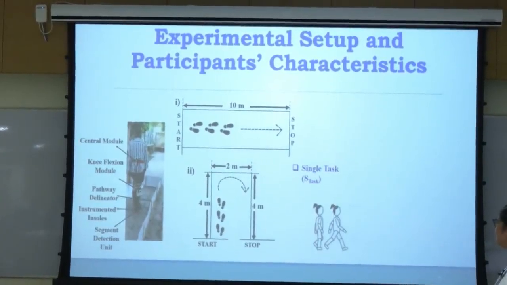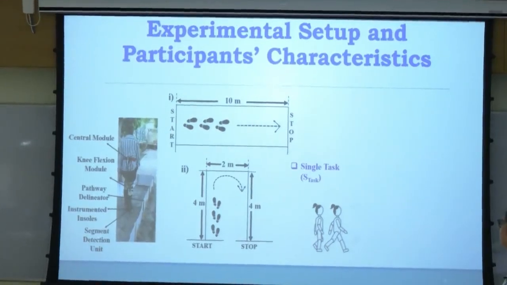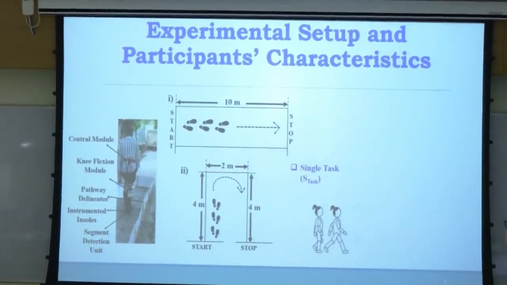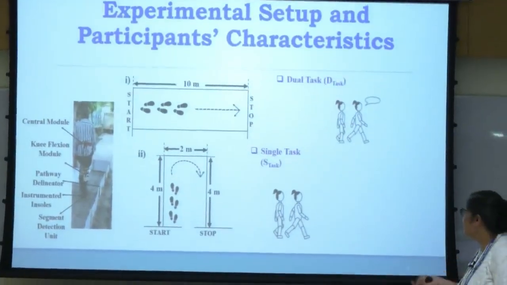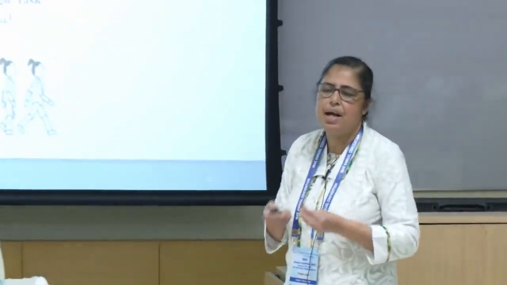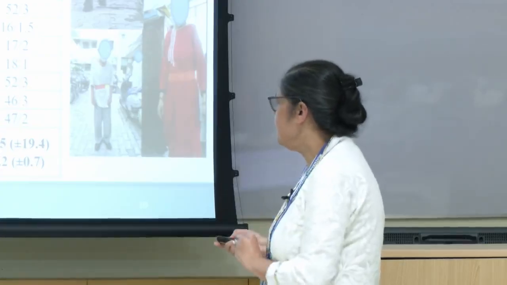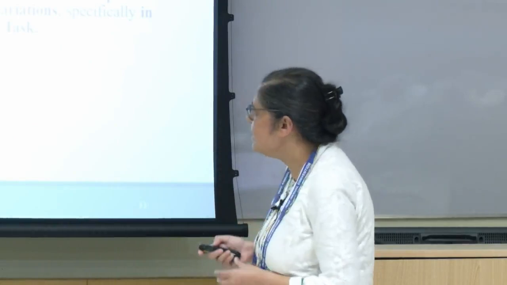We went to community centers and recruited patients in close collaboration with hospitals and clinicians. The individuals needed to do different types of tasks, either walking as a single task or walking while speaking, like dual tasks, which have been shown in the literature to be quite challenging for these individuals. And we used a good participant pool, healthy and stroke. I'll come to the results.